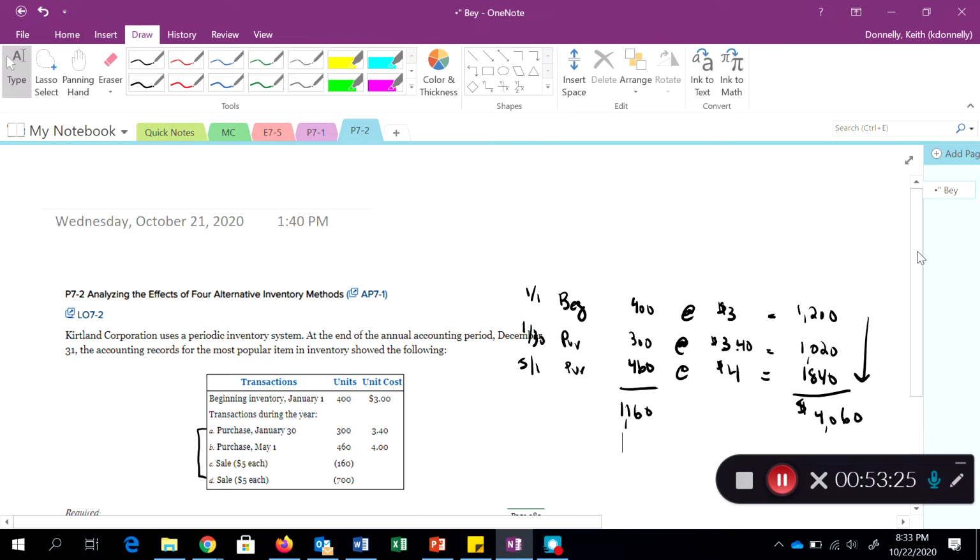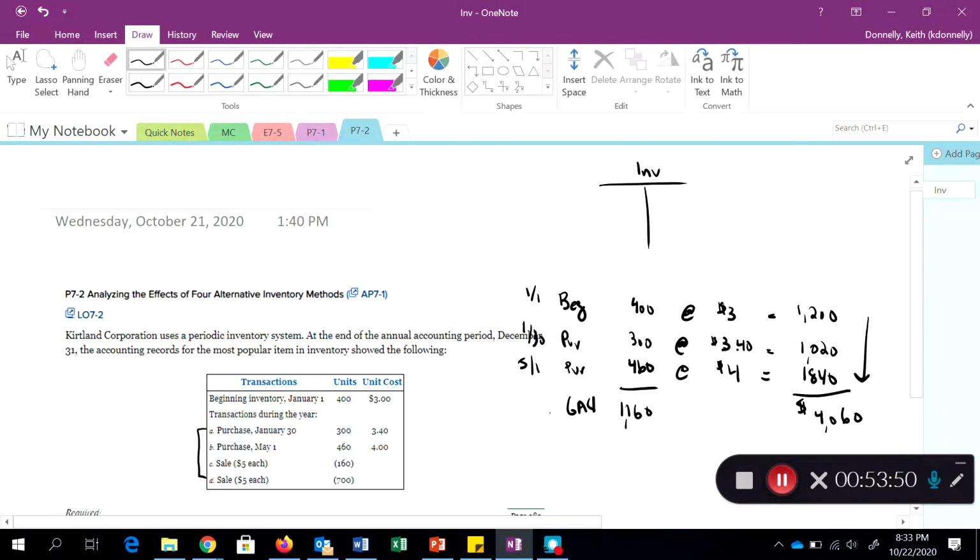And when we look at this here, when we're doing our step one, when we work our way through here, our ending inventory, so if we check it out, so our inventory, so this right here is our goods available for sale.